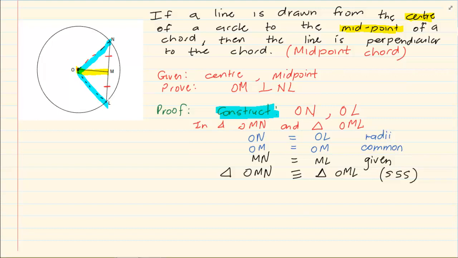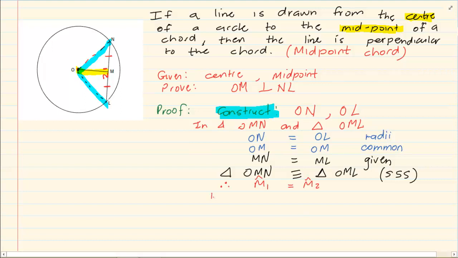If we have that they are congruent, we can say that this angle, which I'm going to mark M1, and this angle, which I'm going to mark M2, are exactly the same. So therefore we have that M1 is equal to M2. That is a deduction you get from congruency. If the two triangles are exactly the same, then M1 is equal to M2.